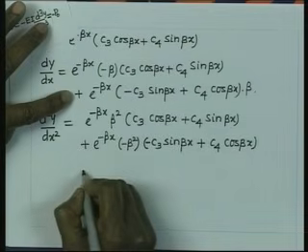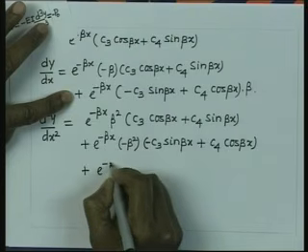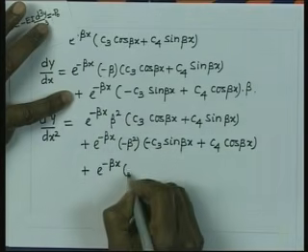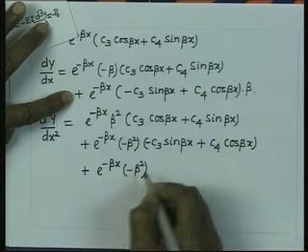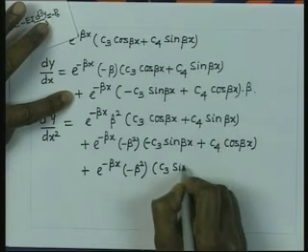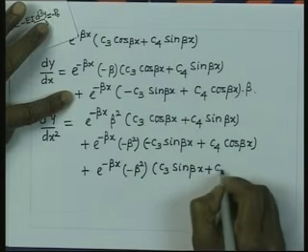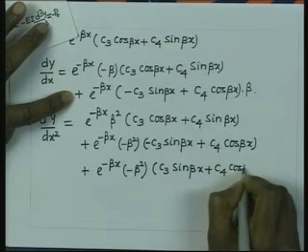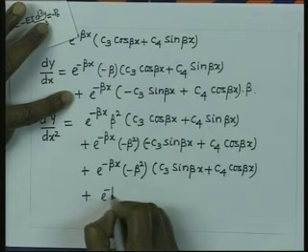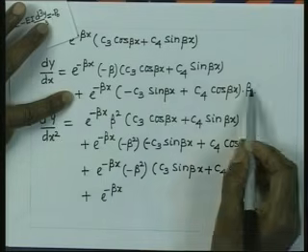Similarly, we will have from the second one e to the power minus beta x, this will give us minus beta, that minus beta will get combined. So, it will be beta square into C3 sin beta x plus C4 cosine beta x plus e to the power minus beta x, and the differentiation of this will give us another beta which can be combined together.